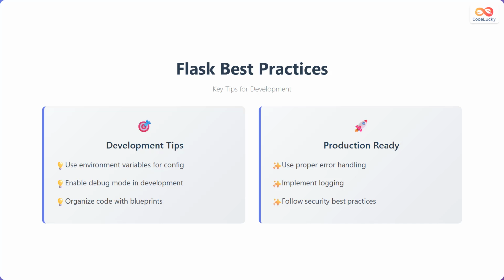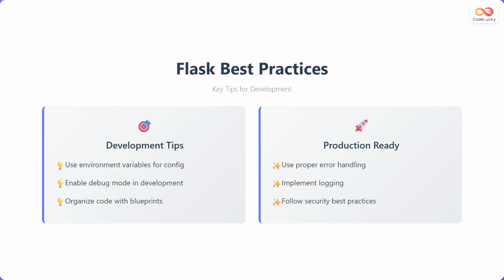Following best practices ensures your Flask applications are maintainable, secure, and production-ready. Always use environment variables for configuration settings like database URLs, secret keys, and API credentials. Enable debug mode during development for detailed error messages and automatic reloading, but never in production. Organize your code using blueprints to create modular, reusable components.